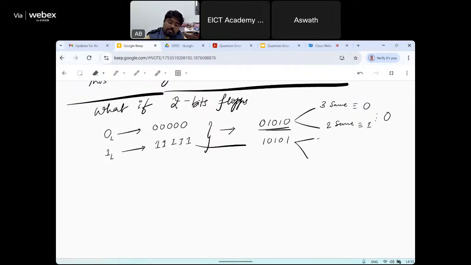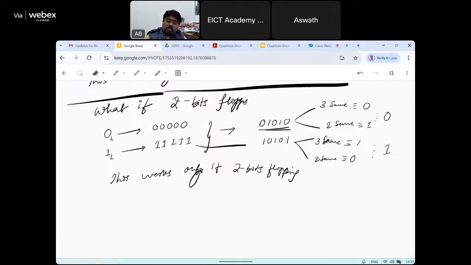Same story here. There are 3 ones, so 3 are the same, which is equal to 1, and 2 are the same, which is equal to 0. So altogether, I would say this is equal to 1. This is supposed to be 1 bit. Now again, this works only if 2 bits are flipping.